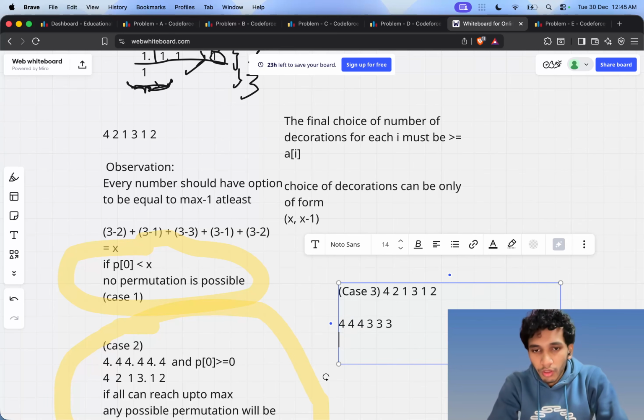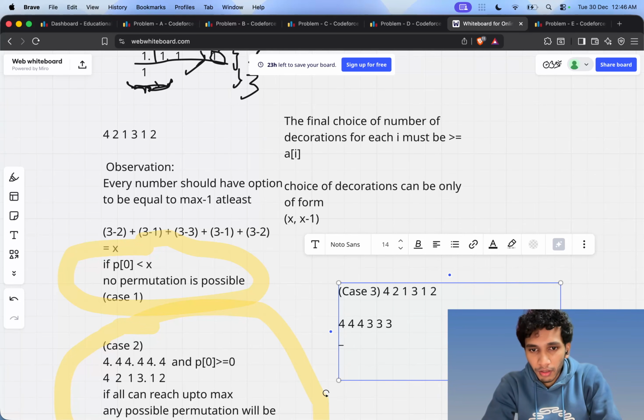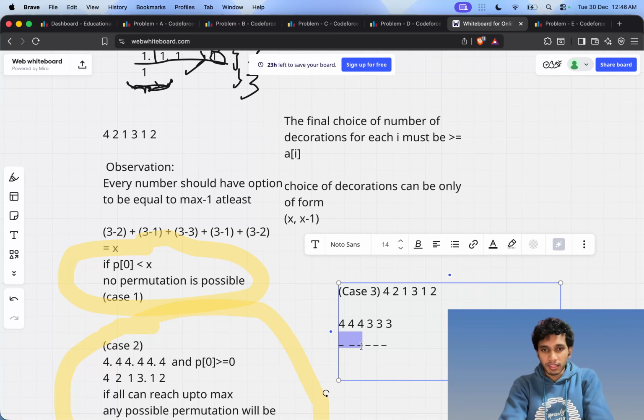So what is our final answer in this case? We choose a position. Let's analyze this as an empty sequence: we have 6 empty positions, and 4 can go to these 3. So choose one from these 3.